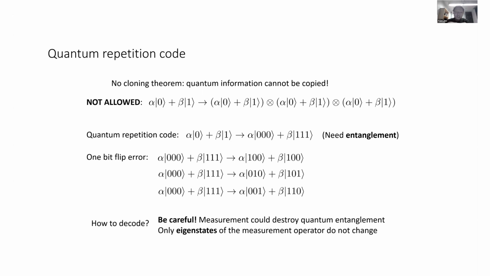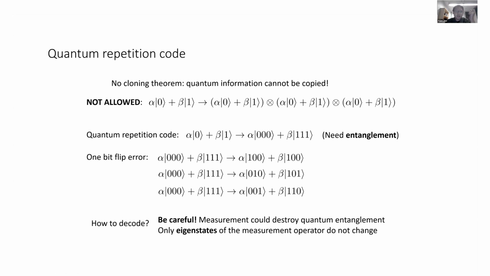So if you want to encode this logical information alpha 0 plus beta 1, that is the quantum bit, into a larger Hilbert space, what you cannot do is just prepare three identical copies of it, because this operation is not a unitary operation, which is not allowed by the no-cloning theorem.